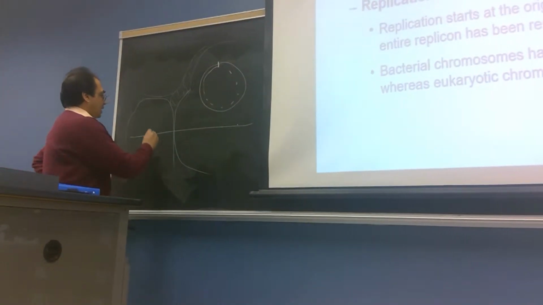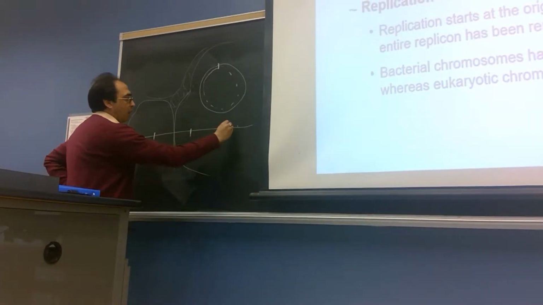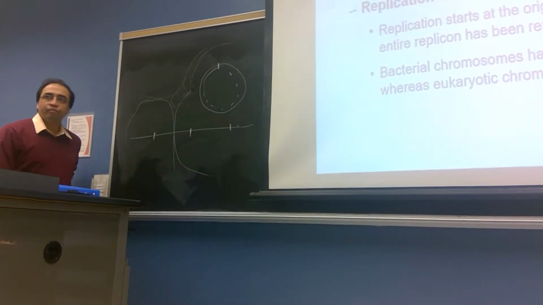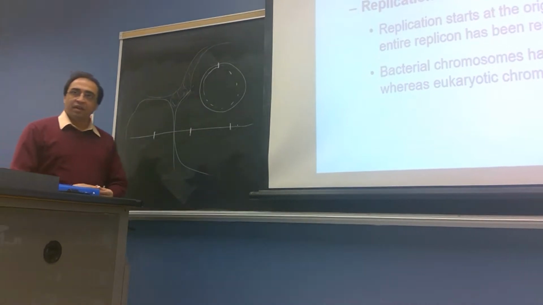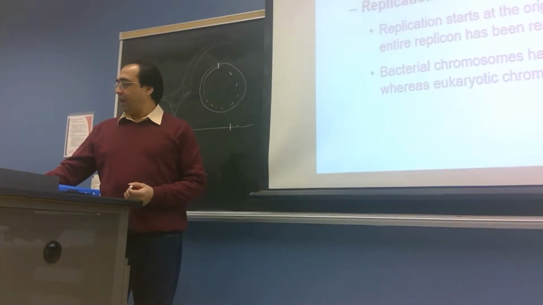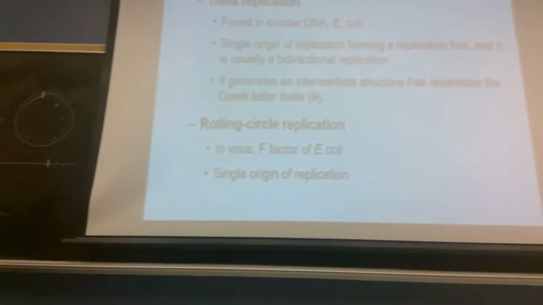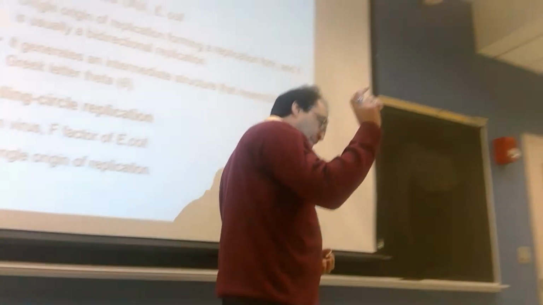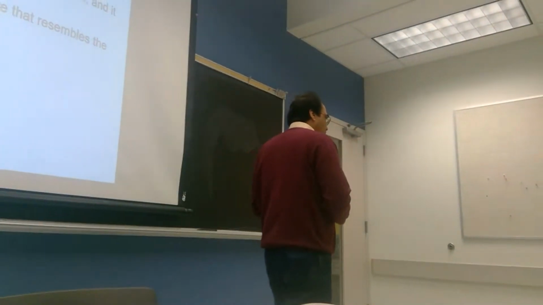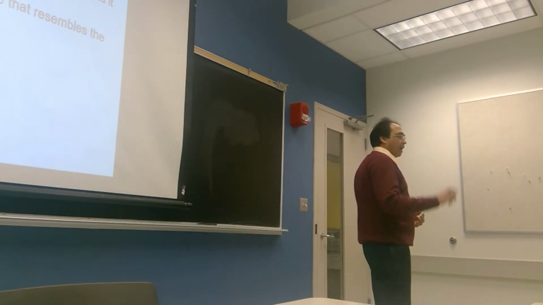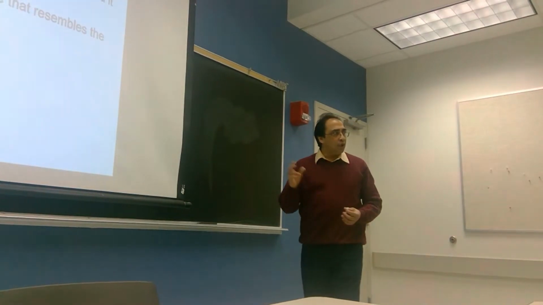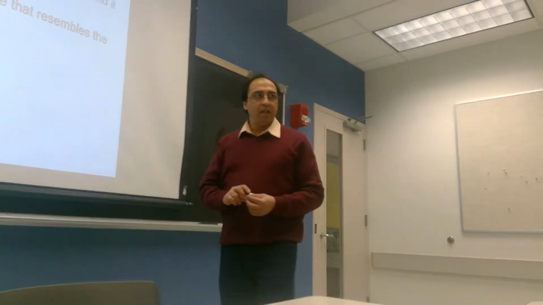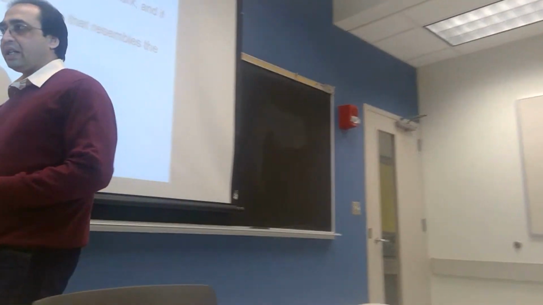In such a case, they need multiple origins of replication. Multiple origins. Okay? These origins mean a particular sequence of DNA which can be recognized by a particular protein. Those proteins can come to that part and start the replication. That is the origin.